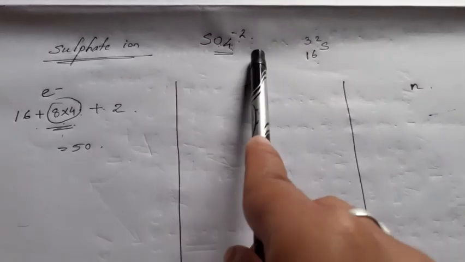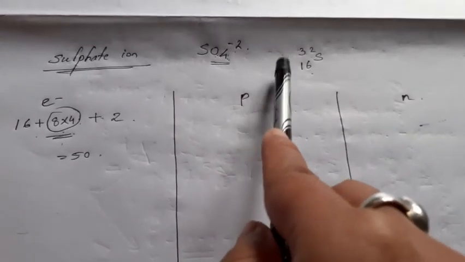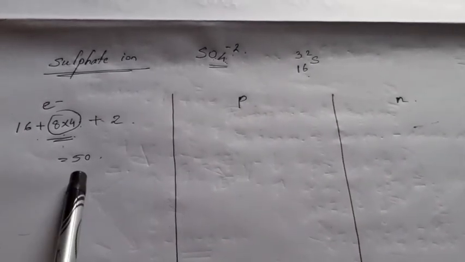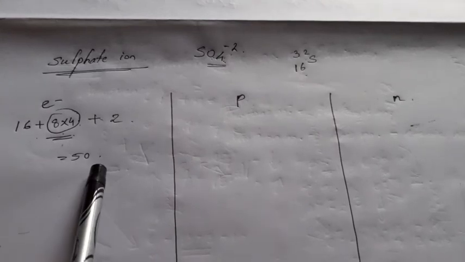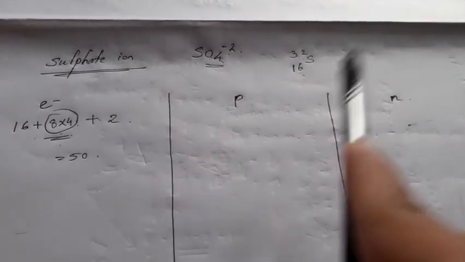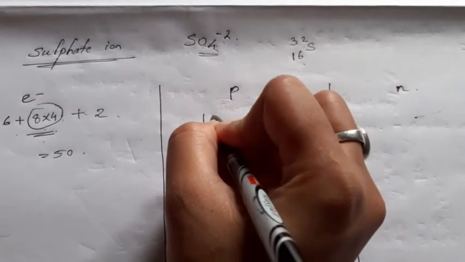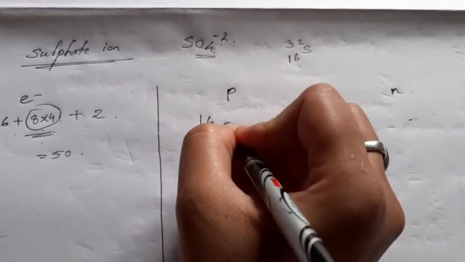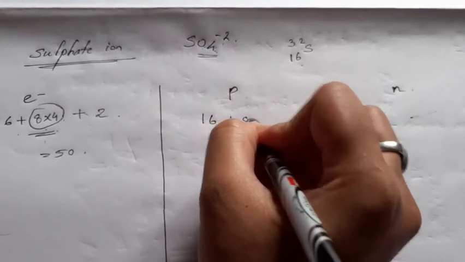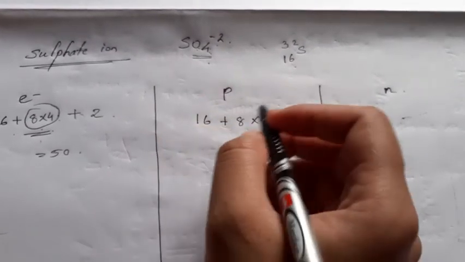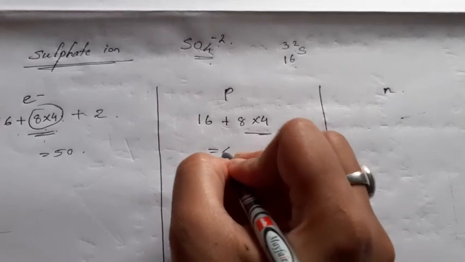Because it is a negatively charged ion, for which we simply increase the number of electrons by X. Now we calculate it, and we get the number of electrons as 50. And in case of protons, we will again write the atomic number of sulfur plus 8 into 4. 8 into 4 is for oxygen, and it will be 48.